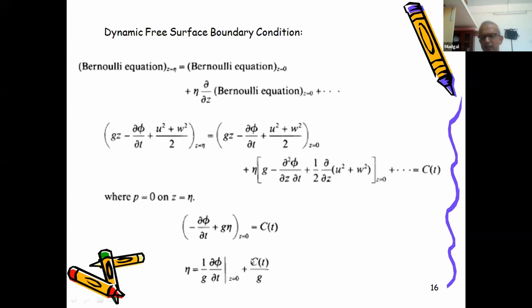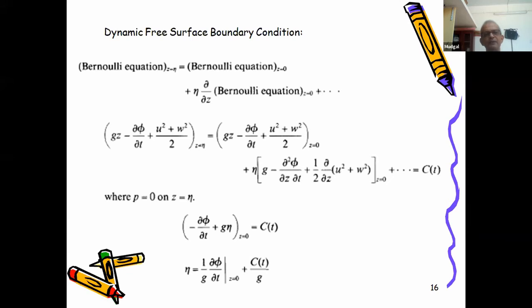Then we apply the dynamic free surface boundary condition, and this dynamic free surface boundary condition is nothing but you want to apply the Bernoulli's equation for z equal to eta. And remember, we had already said that Bernoulli's equation is applied only for the streamline.